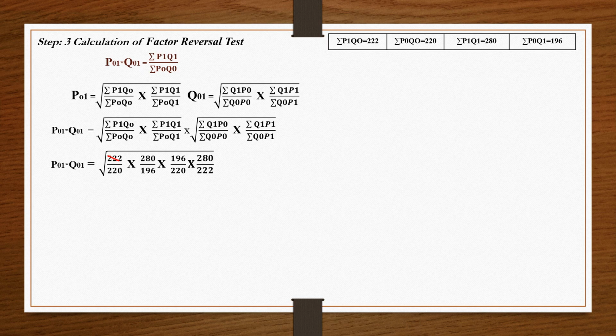So 222 cancels with 222, then 196 cancels with 196.